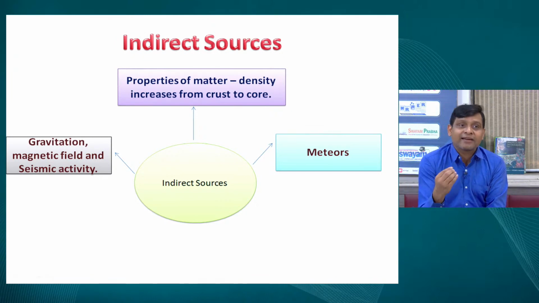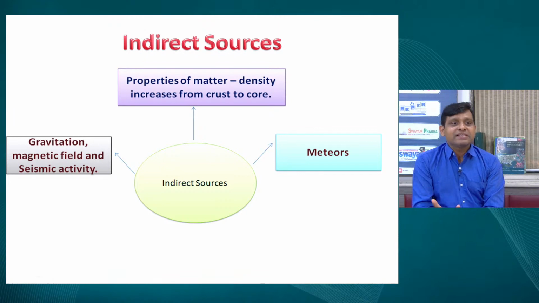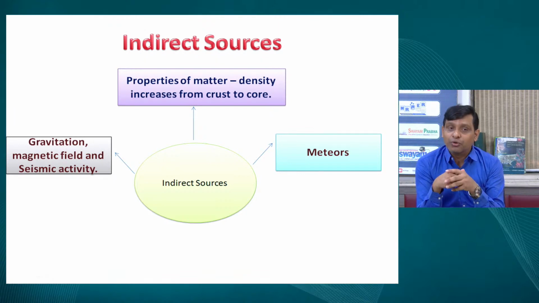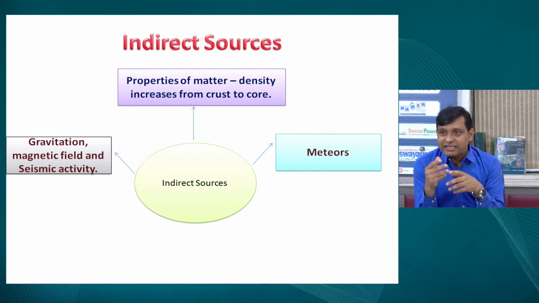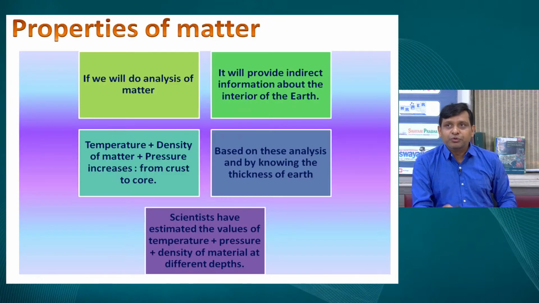So it is indirectly telling us what its composition is. Maybe it is not a direct source from the interior, but it will tell us what has happened in the previous time, millions or billions of years ago, how it was formed. So that is one way through which we can come to know about it.